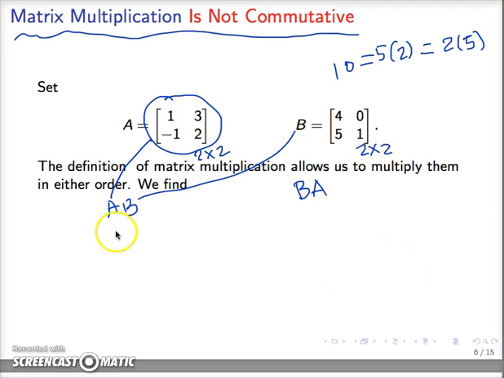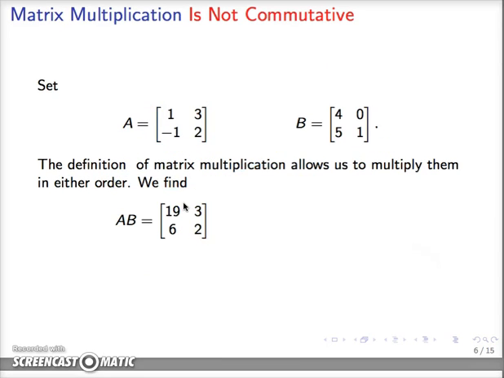In either case, we would be multiplying a 2 by 2 by a 2 by 2, so the number of columns of the matrix on the left matches the number of rows of the matrix on the right, and the dimensions of the new matrix are also 2 by 2, because that is the number of rows of A and the number of columns of B. So A times B is a matrix that's also 2 by 2.